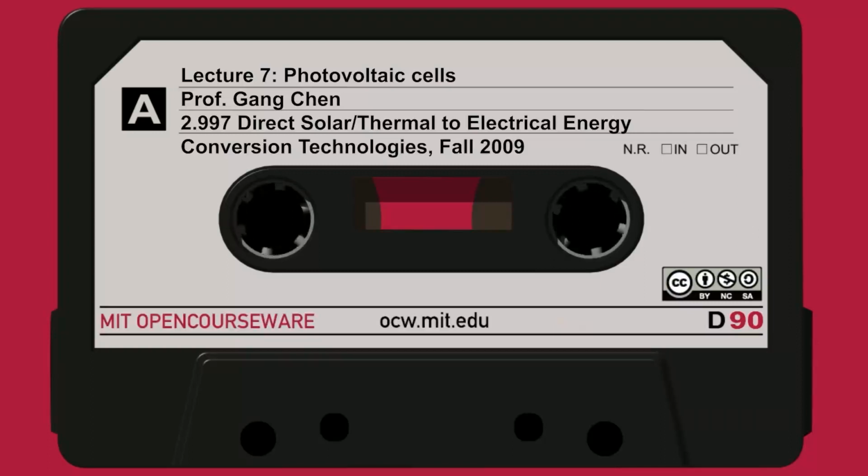If I look at the band structure, if a photon generates an electron hole pair this way, this electron relaxes to the bottom very fast. The hole relaxes to here very fast. So this is heat. And in fact, people have been theorizing hot electron cells. If you can extract this electron out with this kind of energy, that's a hot electron cell. The question is how you get it out before it relaxes.